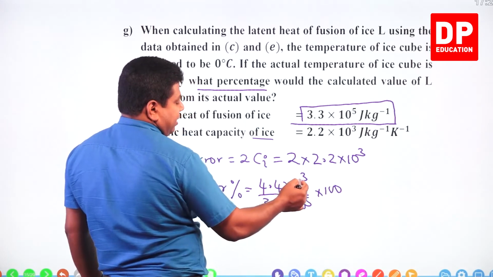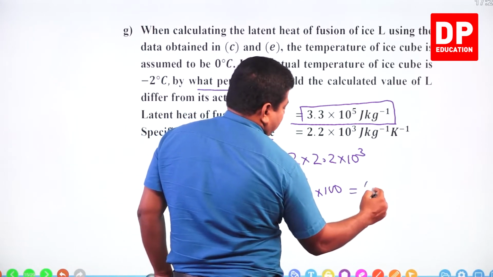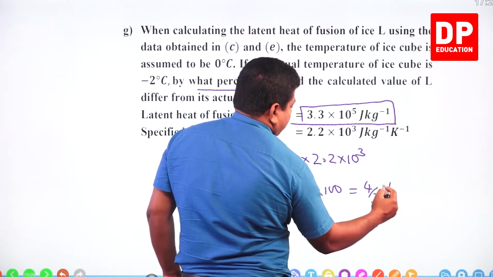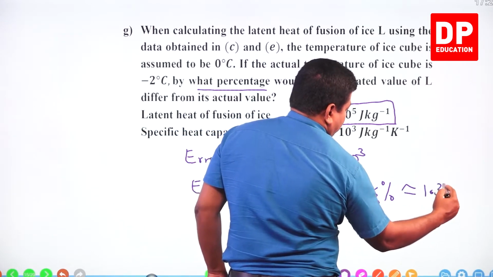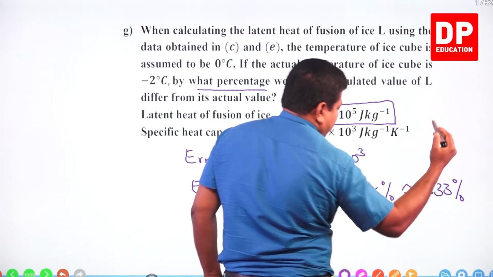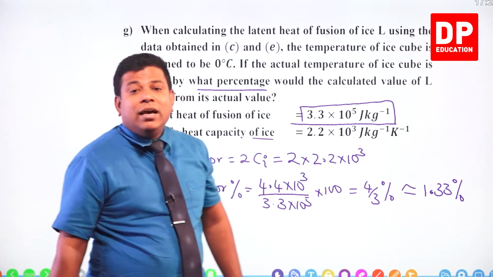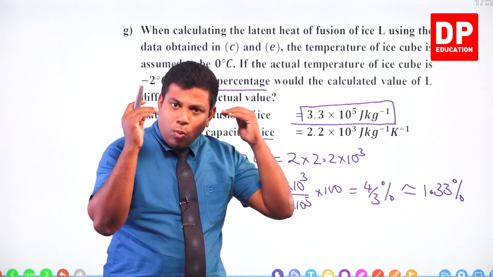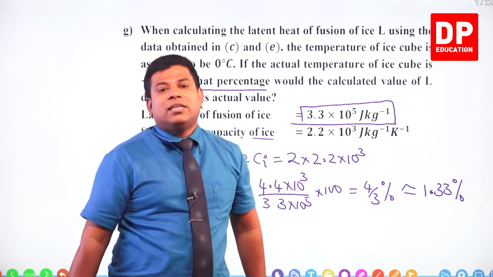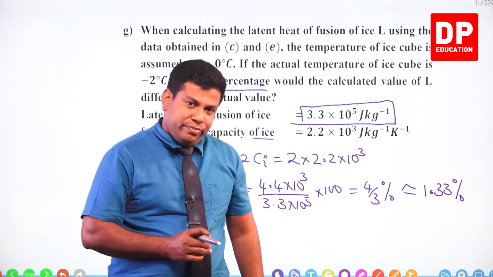You can cancel these three. 4.4 over 3.3 means 4 by 3 percentage. Approximately 1.33 percentage. So compared to the correct value, the answer is going to be 1.33 percentage erroneous.